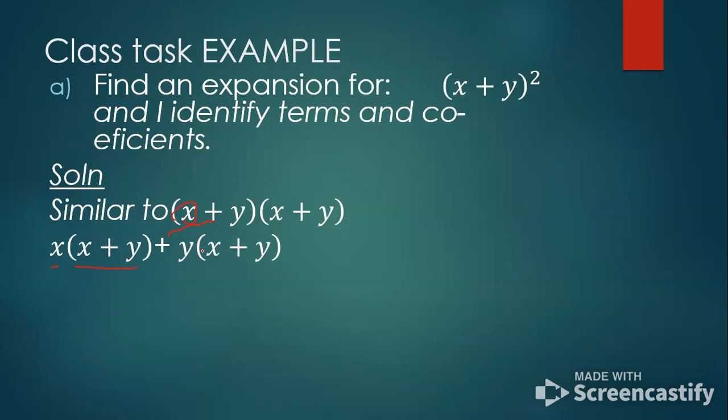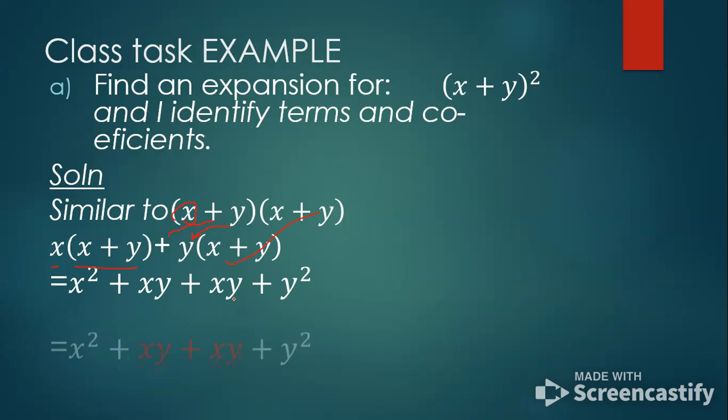Then there is a y. This y, you multiply by what's in the second bracket. So next, what do we get? We open these brackets. We get x squared plus xy, another xy plus y squared.